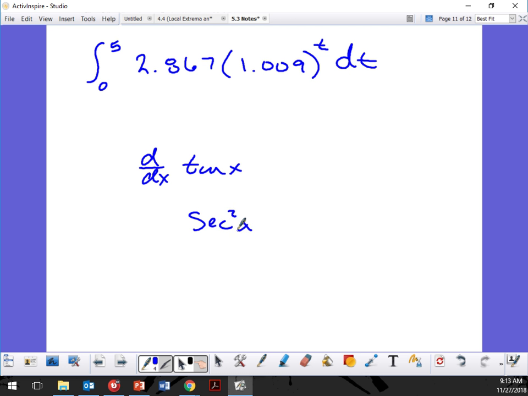The same thing is if you take the integration of secant squared x, it's going to give you tangent x plus c, right?